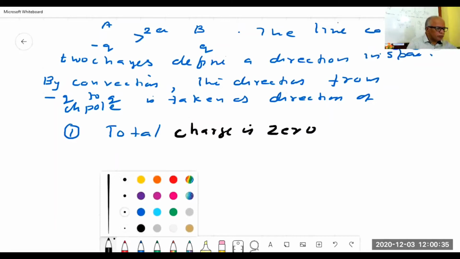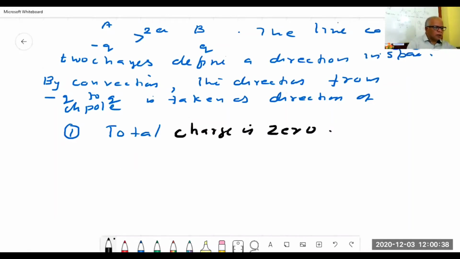There is an electric field due to the dipole. Why?